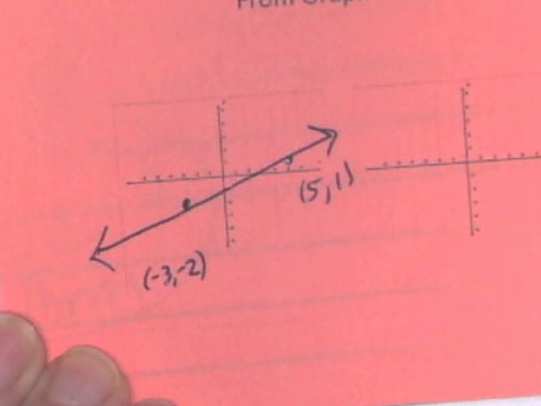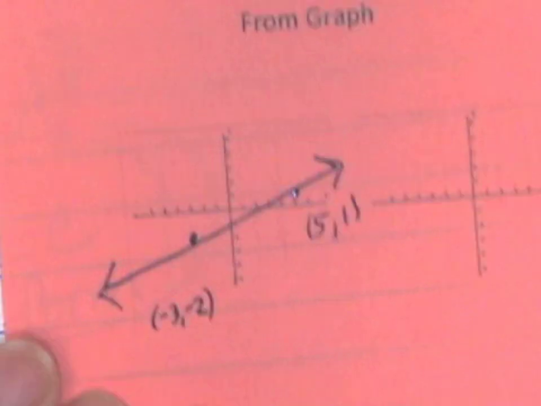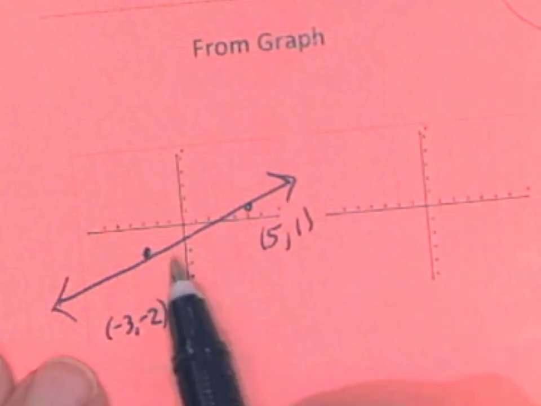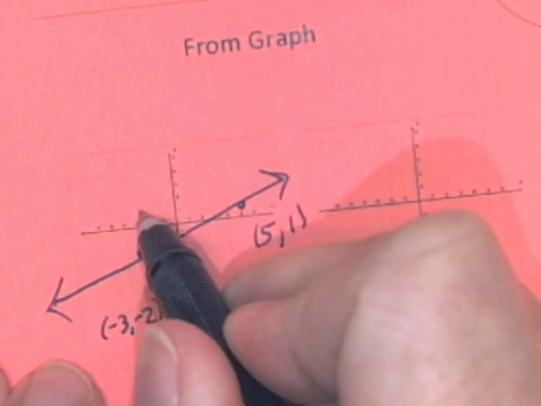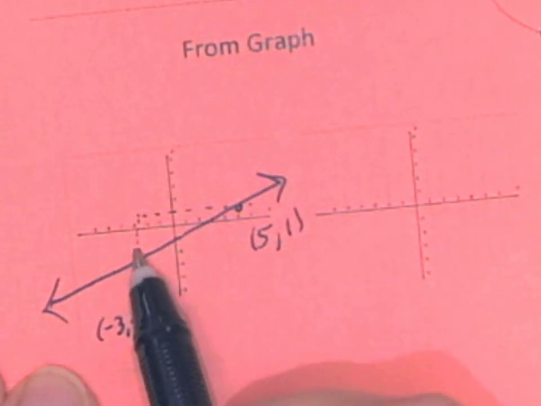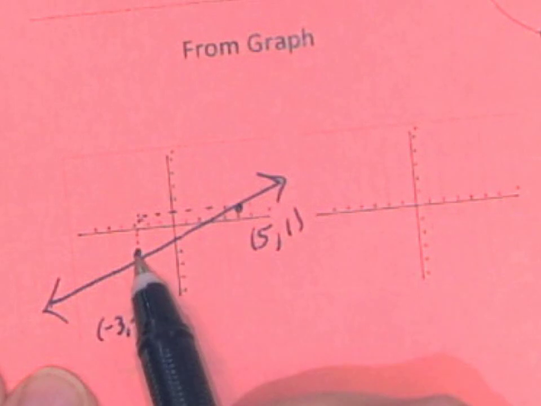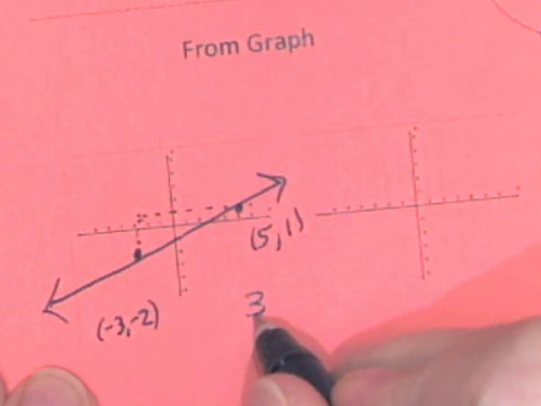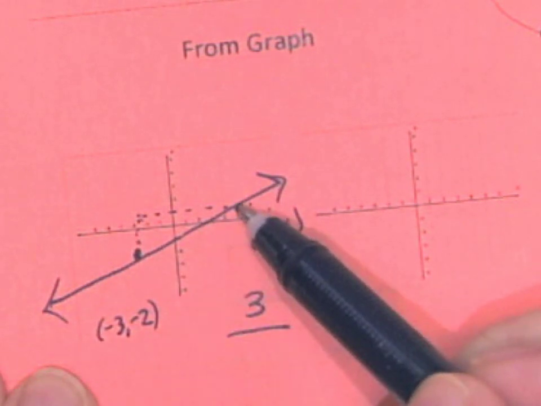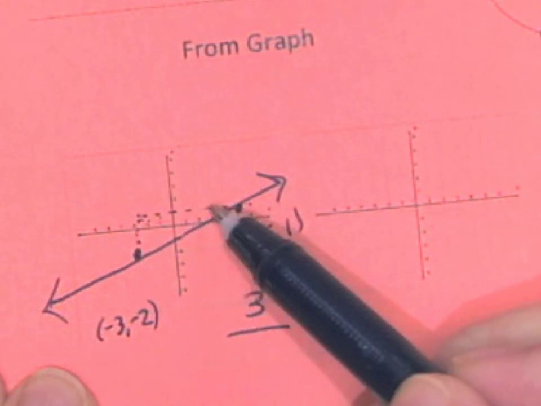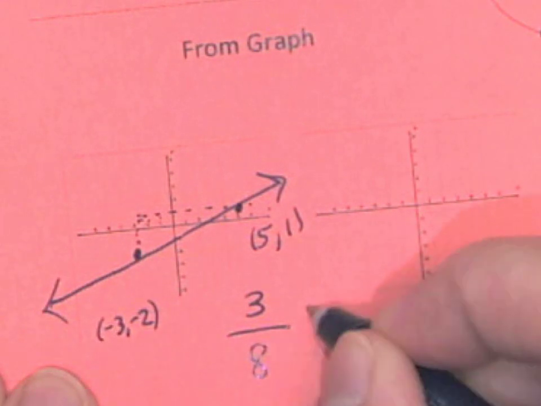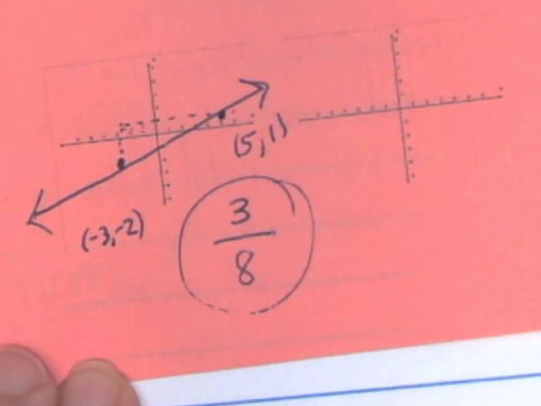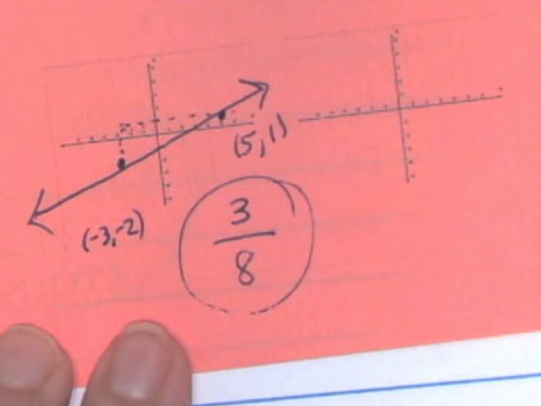The way we find slope from a graph is we count our rise over run. To get from one point to the next, you can draw a little triangle if you want to. I go up, I rise, 1, 2, 3, and I go over, I run, 1, 2, 3, 4, 5, 6, 7, 8. So my slope of this line, now it's positive because it's positive, like Slope Dude said, is 3 over 8, rise over run.